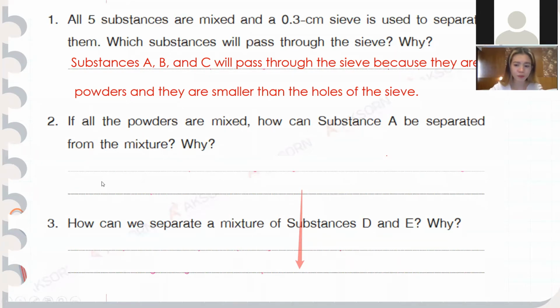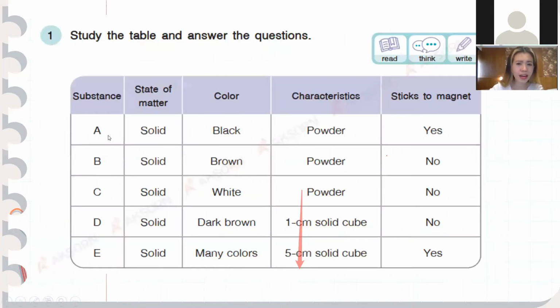Okay, look. For A, it says here it is a solid, it is black, it is powder, and it sticks to magnet. So maybe this is an iron powder. So, how do we separate that?